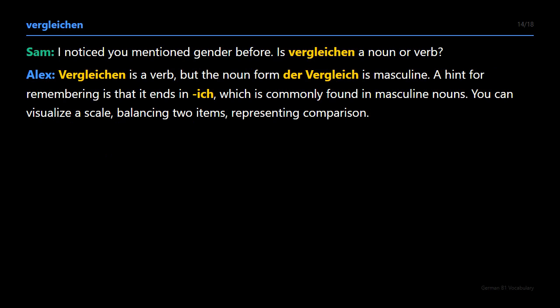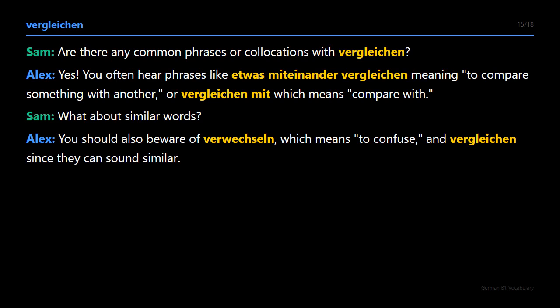Are there any common phrases or collocations with vergleichen? Yes. You often hear phrases like, Etwas miteinander vergleichen, meaning to compare something with another, or, vergleichen mit, which means compare with.